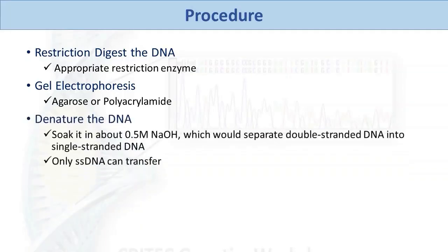And then we have to denature the DNA by soaking it in about 0.5 M sodium hydroxide, which would separate double-stranded DNA into single-stranded DNA. And this ensures only single-stranded DNA can transfer.